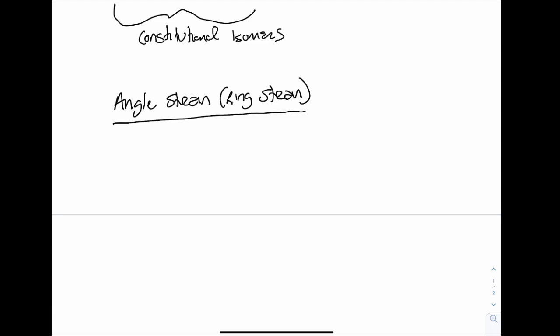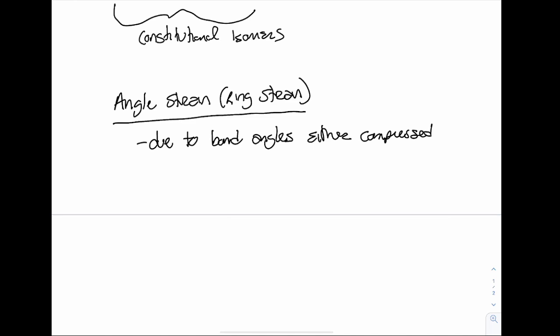So this is due to bond angles either compressed, smaller than it wants, or expanded, larger than it wants, beyond their ideal. So ideal, what it wants.